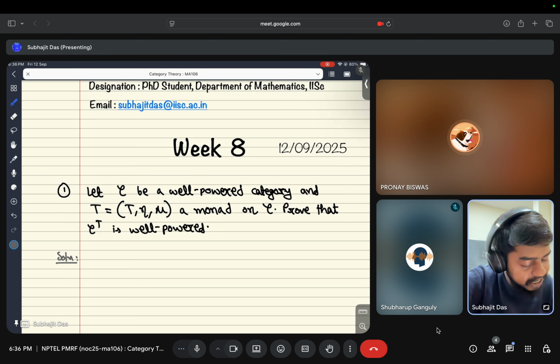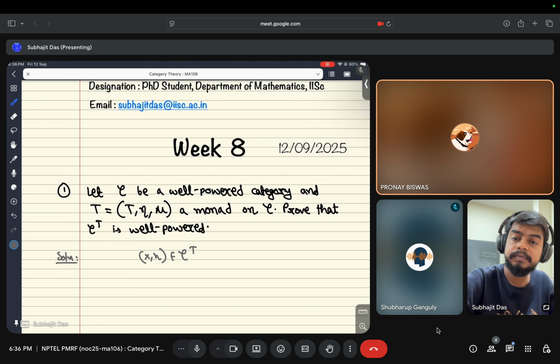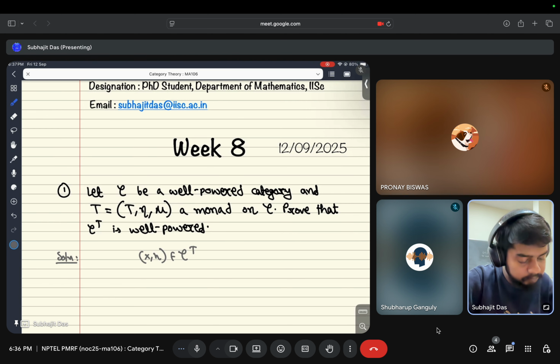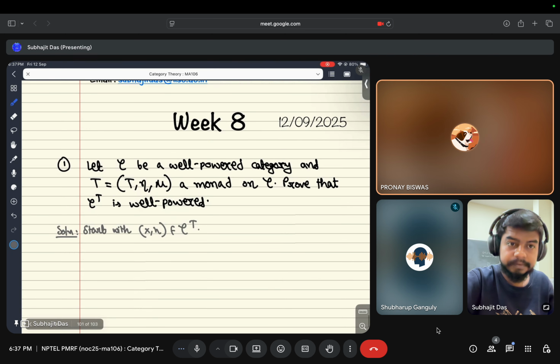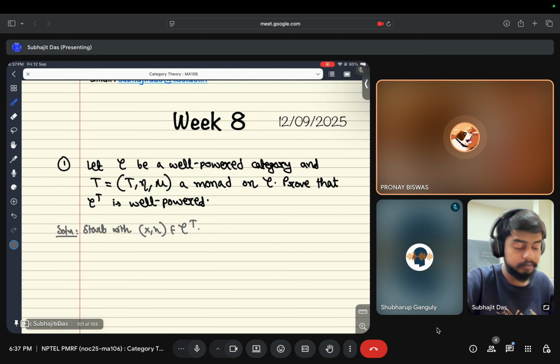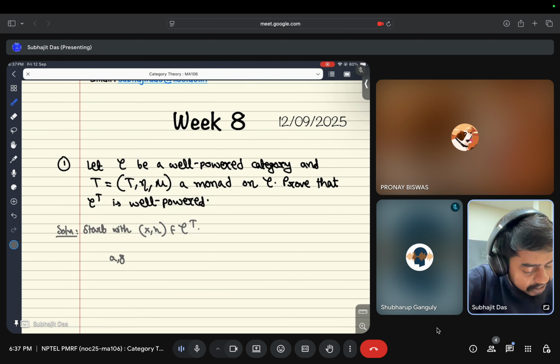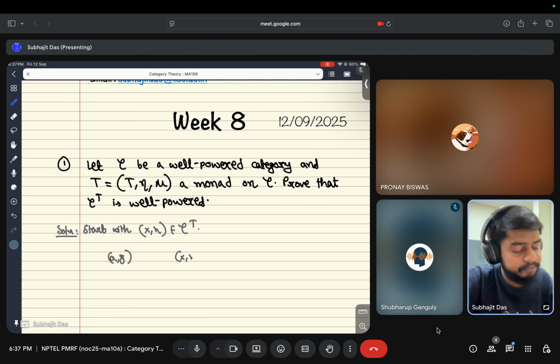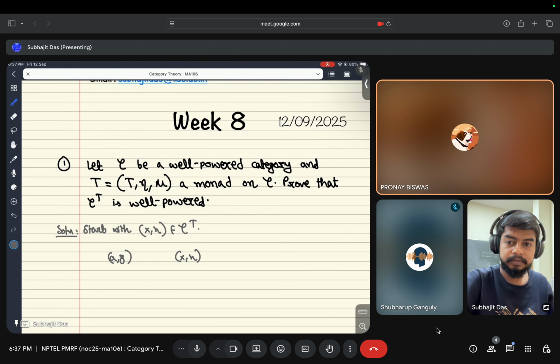Start with an object (X, h) in C^T. What does a subobject of this mean? So let's say (A, g) is a subobject of (X, h). So what does this mean?